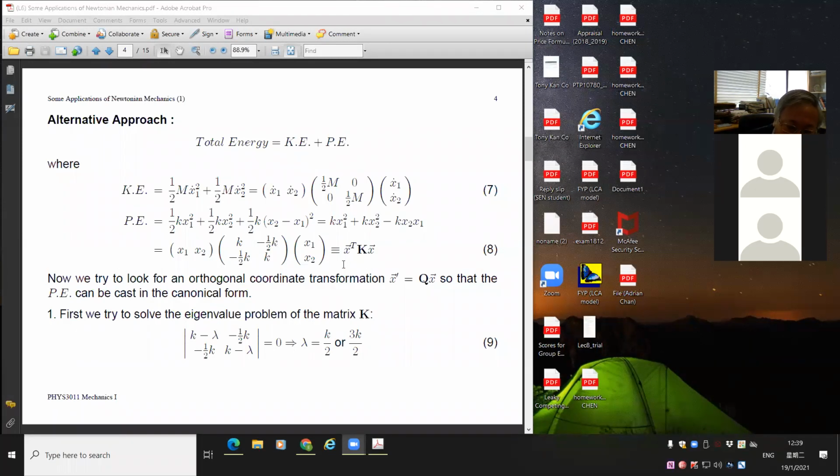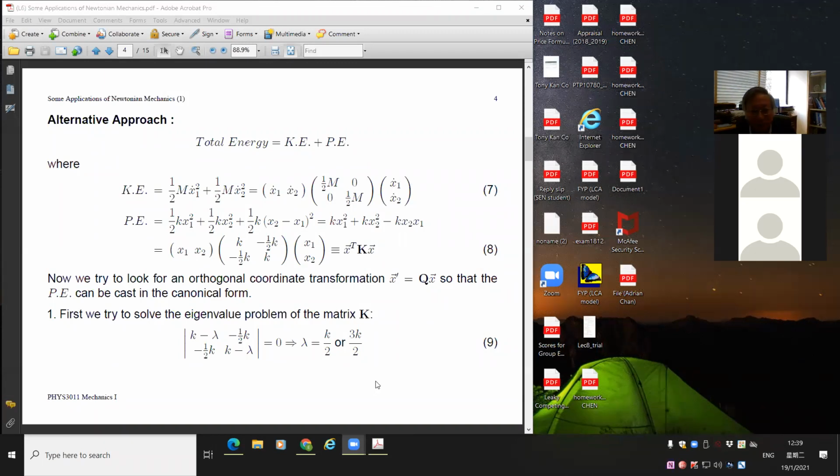That means diagonal form, okay? Now, as you can see, since the kinetic energy term is already diagonal, any transformation which can diagonalize the potential energy will not affect the diagonal form of the kinetic energy.